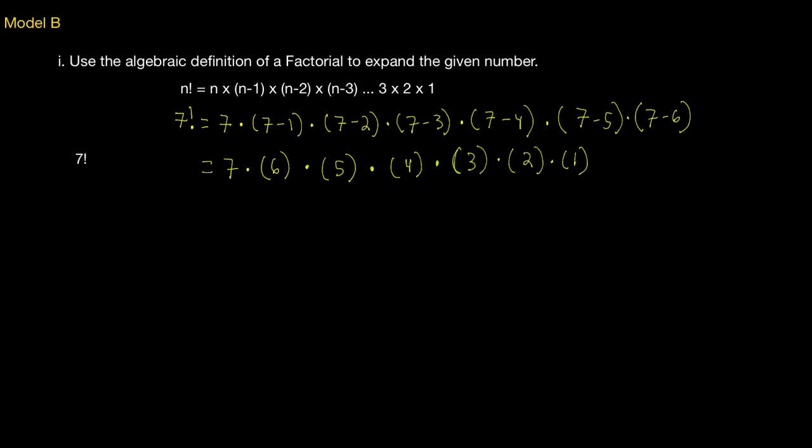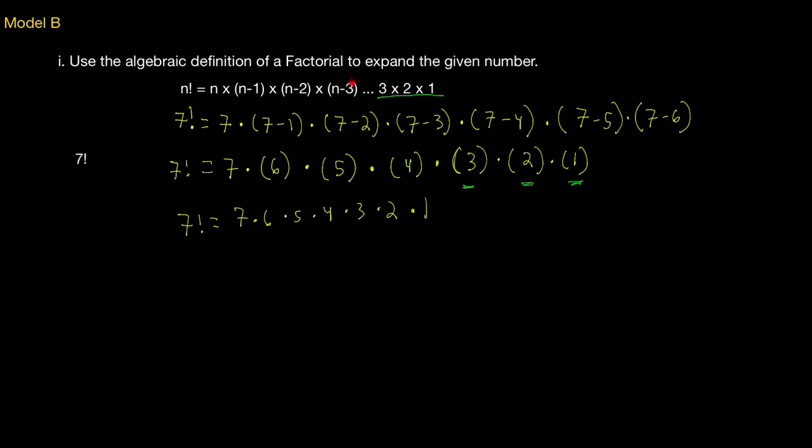And here you can see that tail, 3 times 2 times 1. This part right there. Hence, we have that 7 factorial is equal to 7 times 6 times 5 times 4 times 3 times 2 times 1.